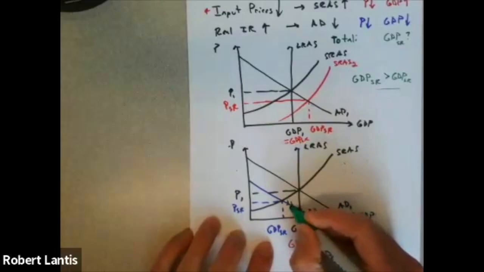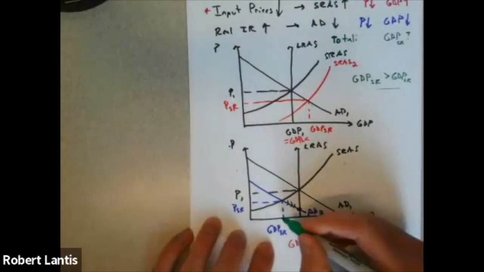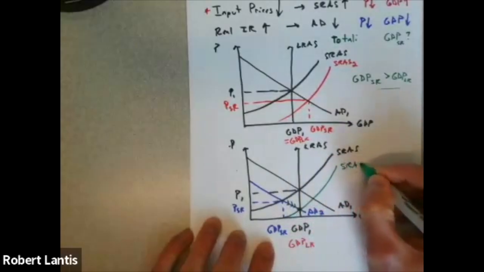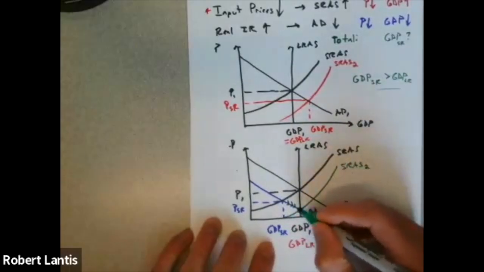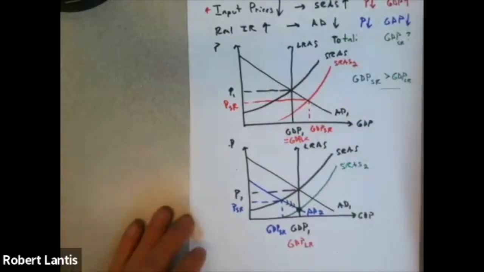So I know that prices must be going down, or if I expect prices to be lower in the future, my expected inflation is lower. That raises real interest rates, making companies more likely to want to invest, increasing my short run aggregate supply until we get to that point where we're now in that long run equilibrium. Okay. So if we had a recessionary gap, we should see that short run aggregate supply increases.